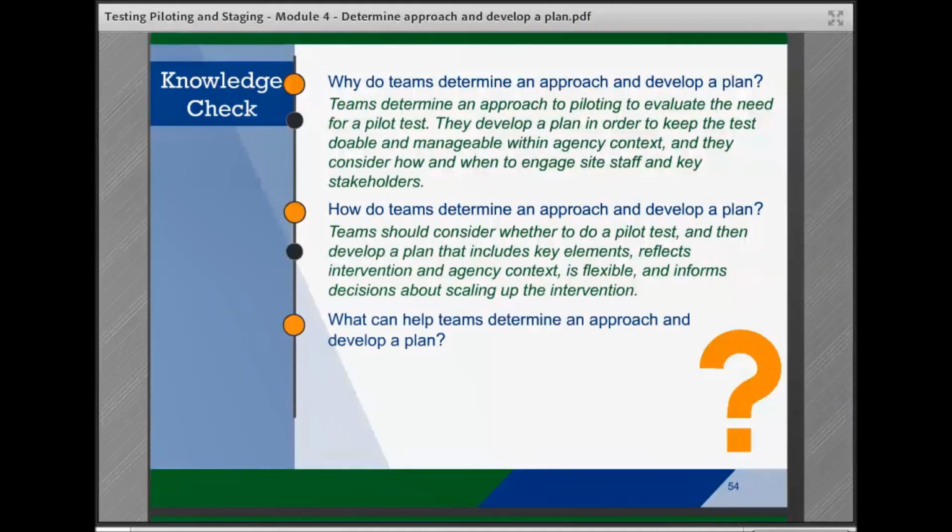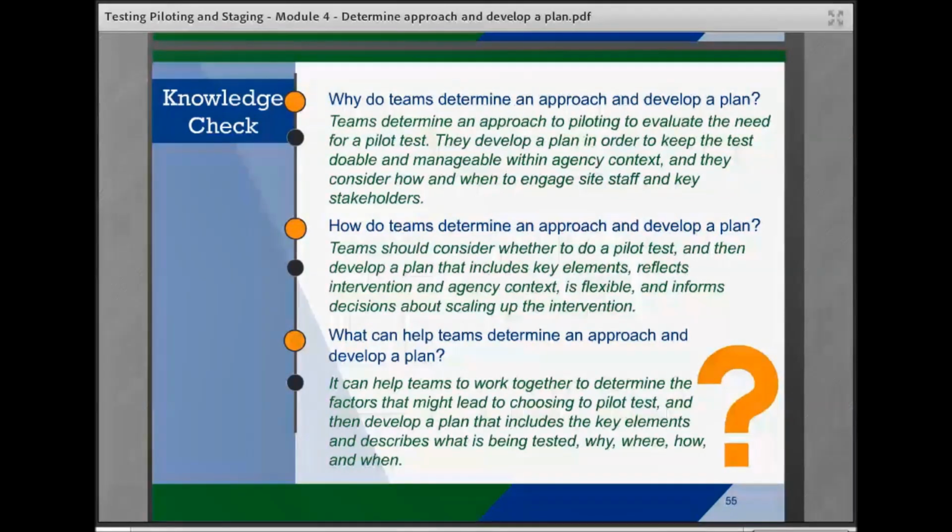What can help teams determine an approach and develop a plan? Considering as a team the factors that might lead to choosing to pilot test, and then developing a plan that includes the key elements and describes what is being tested, why, where, how, and when.